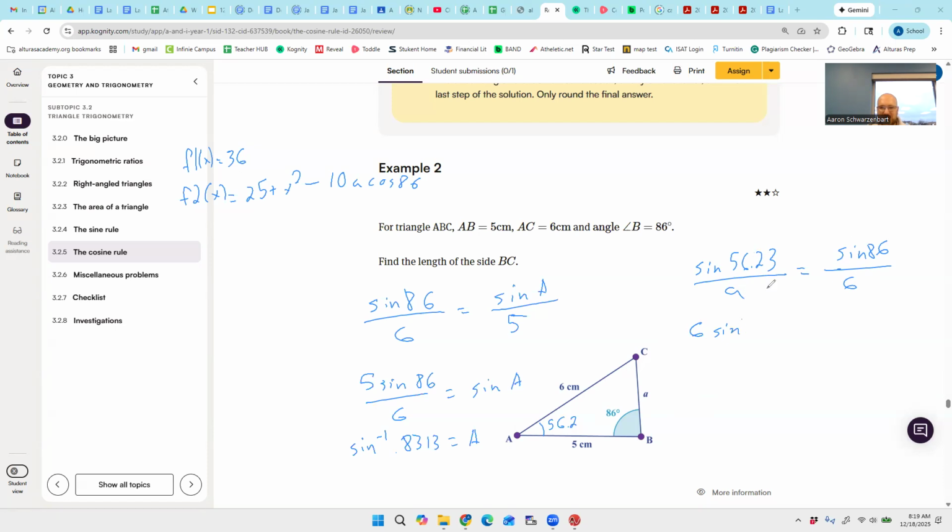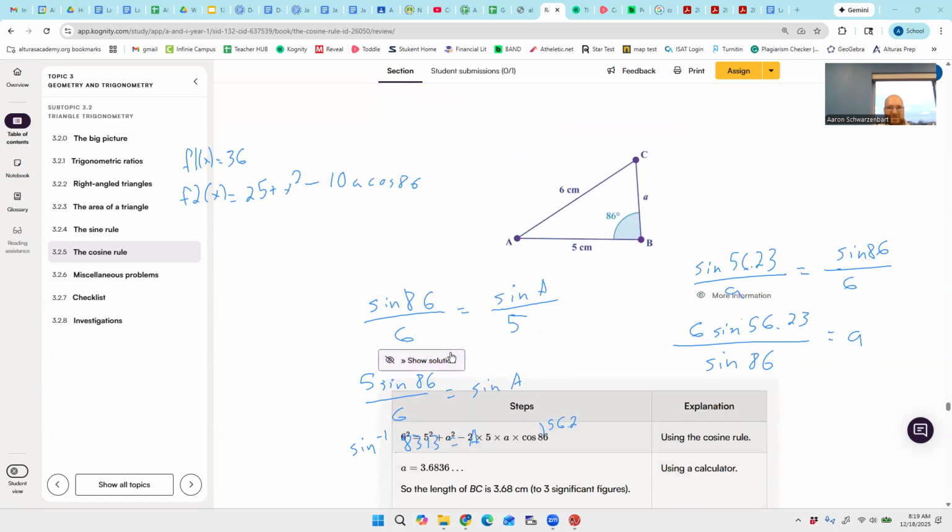So I cross multiply and then I'm going to divide. And what do you get for a when you stick that in? We're on the 6 sine 56.23 over sine 86. What's that? 1.66667.